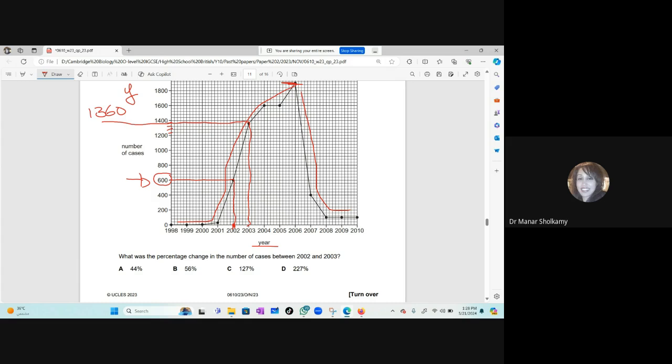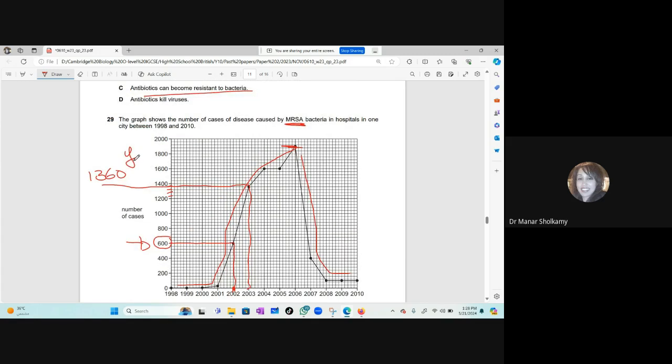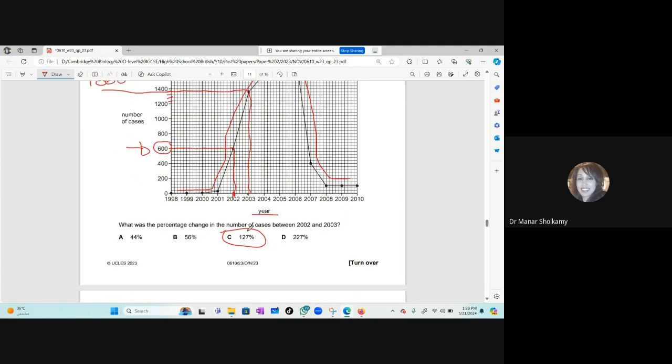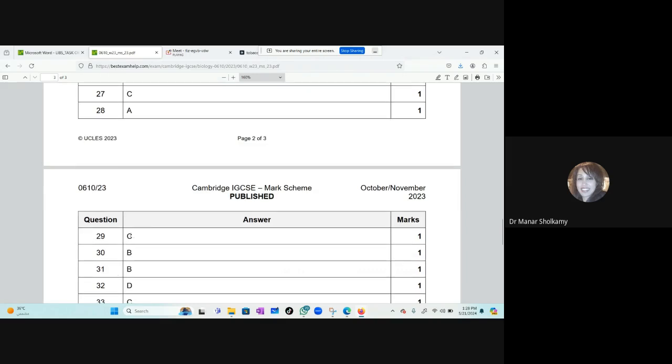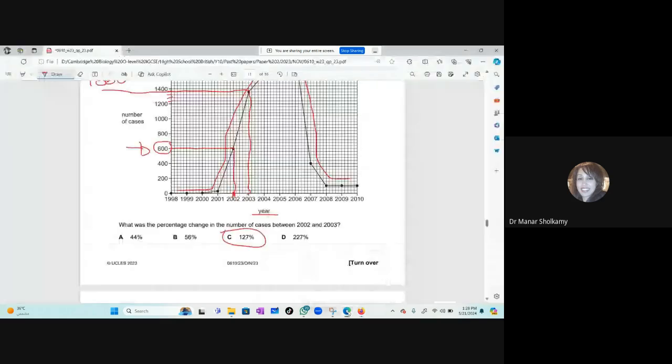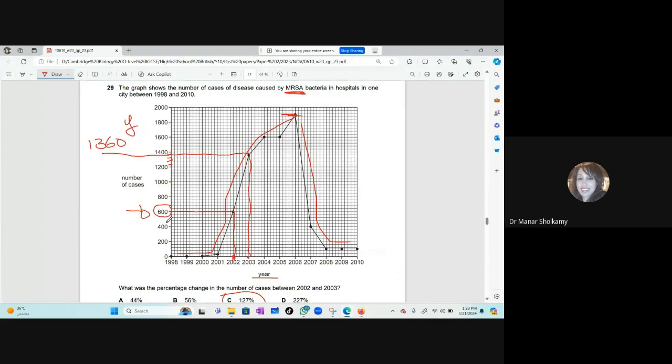So the value will be 126.6, which is 127. This is number 29. It is C. Let us go and look at the mark scheme. 29 is C. Okay, so we did calculate it correctly. So they want to know if you can get proper values from a graph.